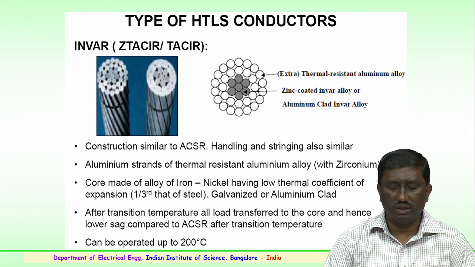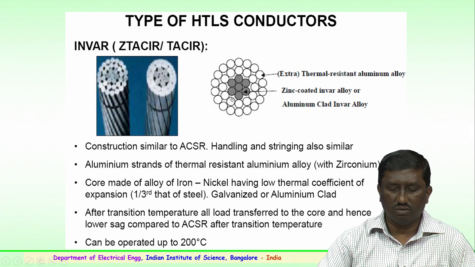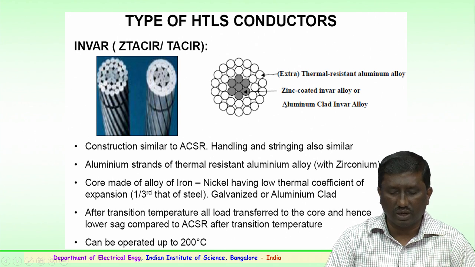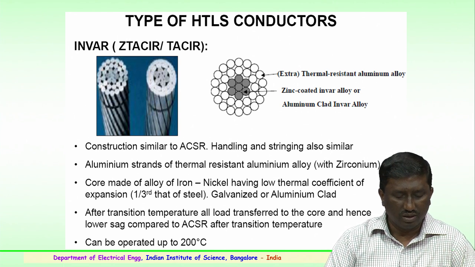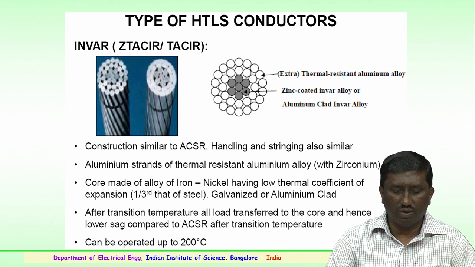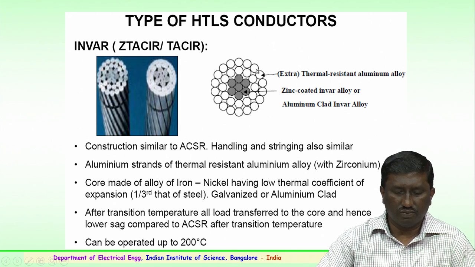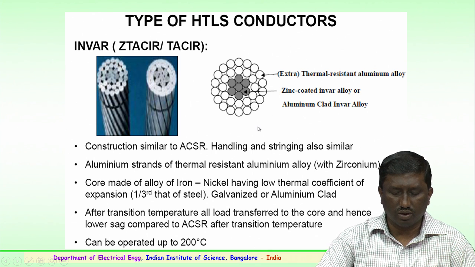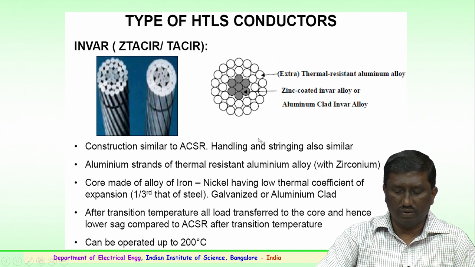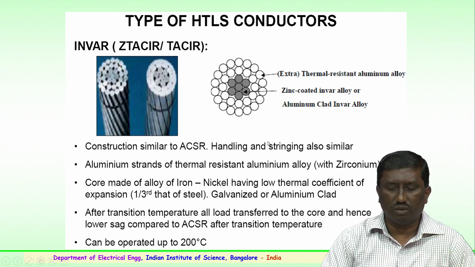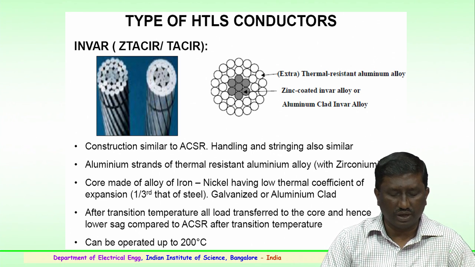So, you can see the aluminum strands, which are thermal resistant and are of aluminum alloy with zirconium added into the aluminum alloy. The core consists of an alloy of iron and nickel, which has a low thermal coefficient of expansion.